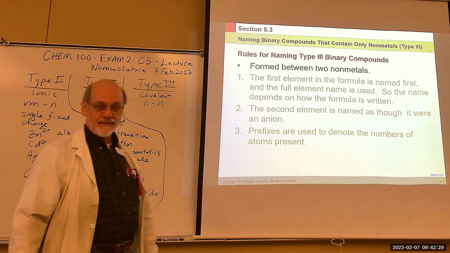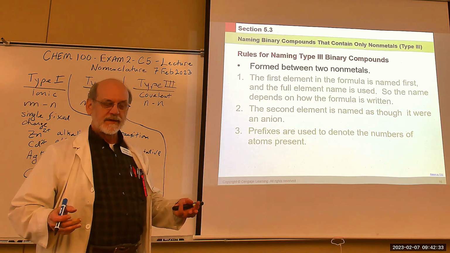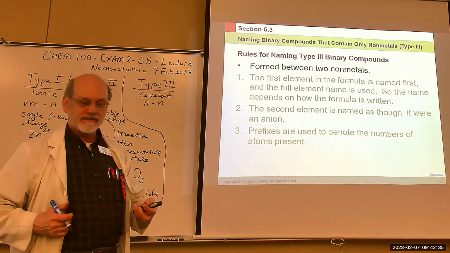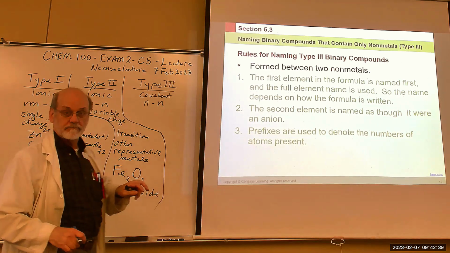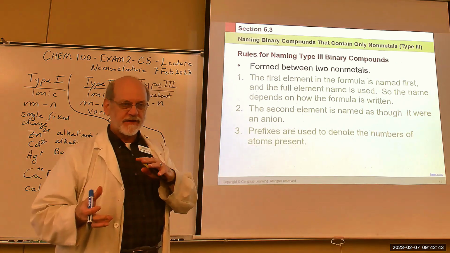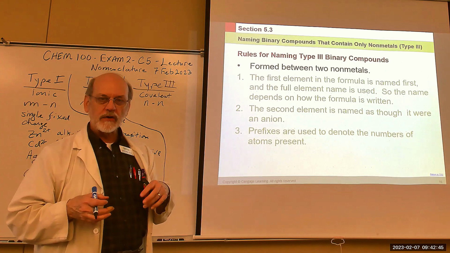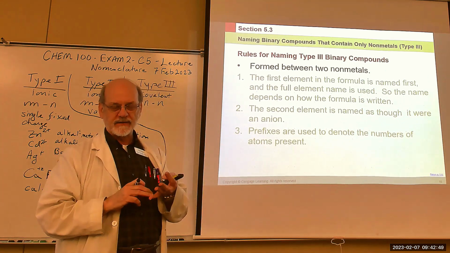But in order to name them, since they don't have charges, we can't designate a charge with a Roman numeral, right? So we have to use an alternate method. We have to learn the Greek prefixes for numbers of things.